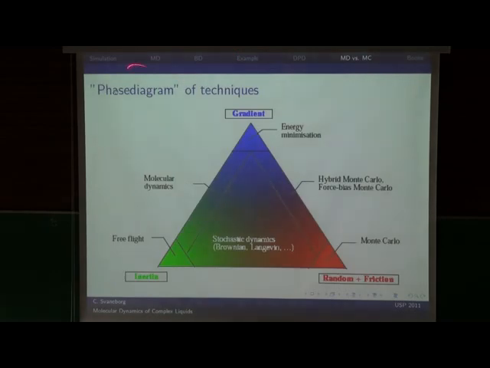So we can make a kind of phase diagram out of these techniques depending on the importance of randomness and friction, inertia, and the gradient, which is given by the gradient of the potential, that is, force. And if the dynamic is dominated by inertia, we have free flight, meaning that things just move completely irrespective of the energy potential that they're located in.